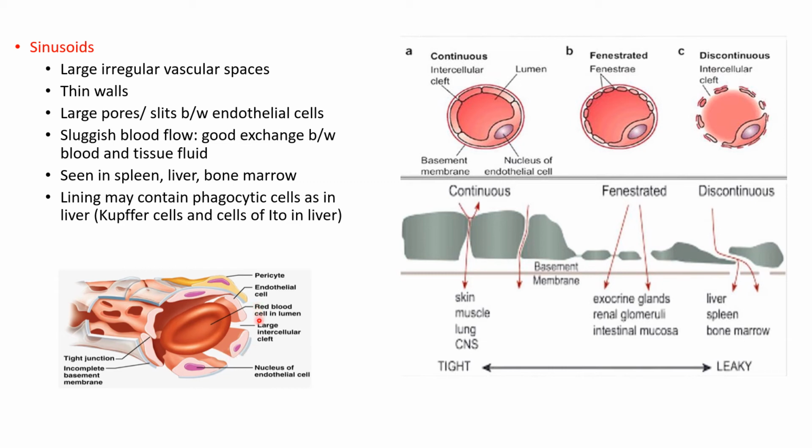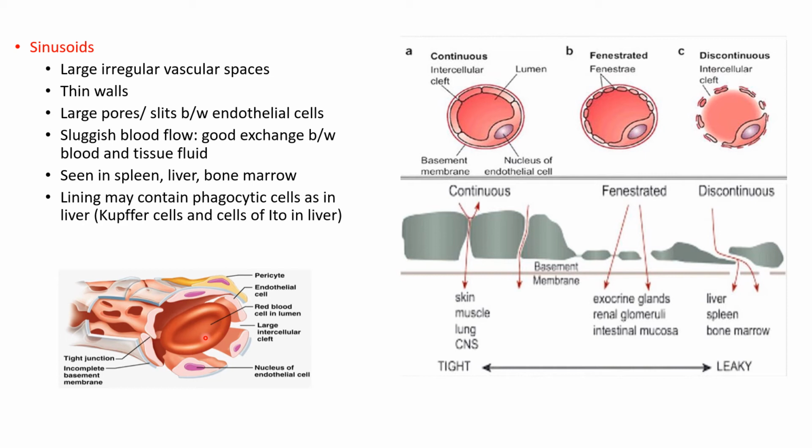These endothelial cells rest upon a basement membrane which is also discontinuous. There is a very sluggish blood flow through the sinusoids and this makes for good exchange between blood and the tissue fluid.